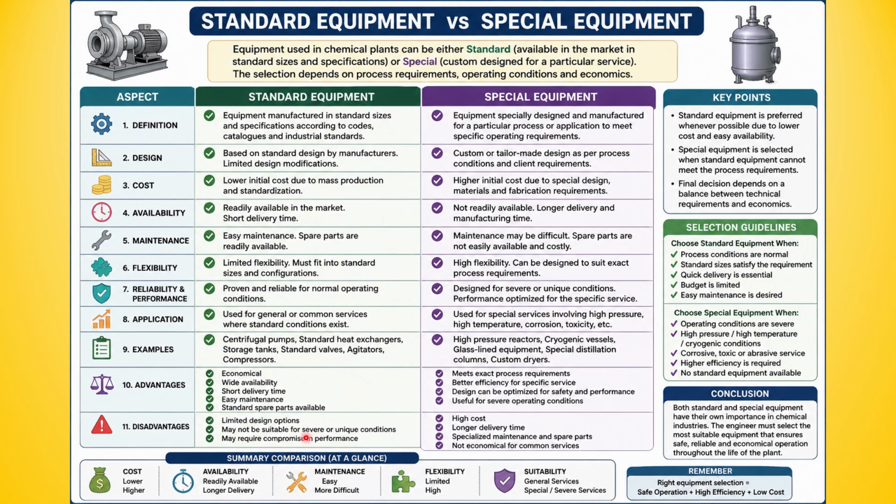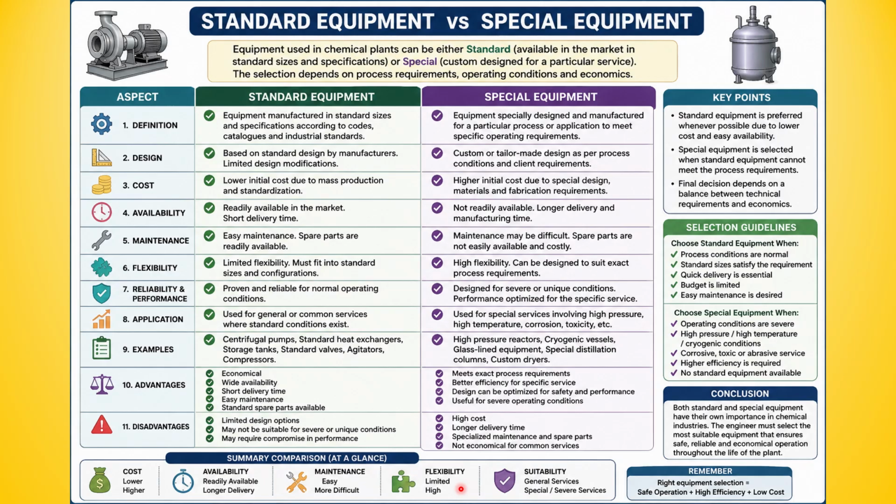Okay, so when you need to choose between standard and special equipment, what criteria do you look for? The first one is cost. Standard is lower in cost, special is higher. Availability: standard is readily available, special equipment takes time in delivery. Maintenance: it is easier in standard equipment, it is mostly difficult in special equipment.